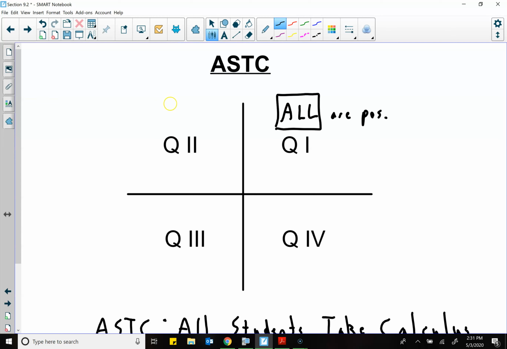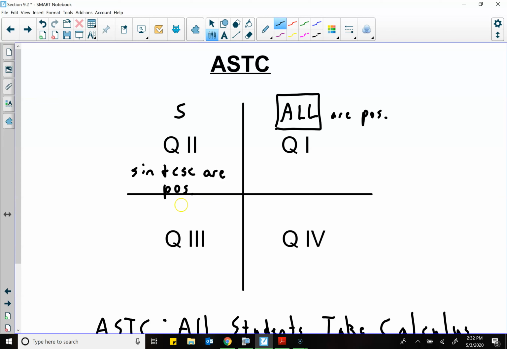Quadrant 2 stands for the S, which is the students, which means sine is positive. But since sine is positive, so is its reciprocal. And what's the reciprocal of sine? Cosecant. I'm going to use the abbreviation, CSC. So in quadrant 2, the only trig functions that are positive are sine and cosecant.